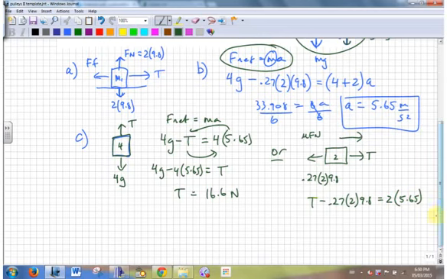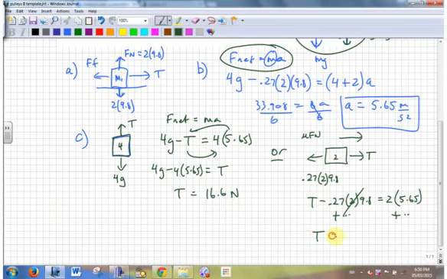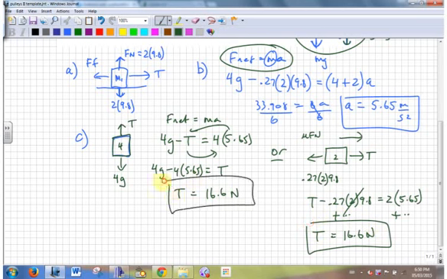So to solve this for T, I just need to add this stuff to that side, and I better get the same answer. Plus 0.27 times 2 times 9.8. And I do, 16.6 newtons. Which is what I expect, because the tension is the same anywhere in the rope. Should be all you need to finish that last part.